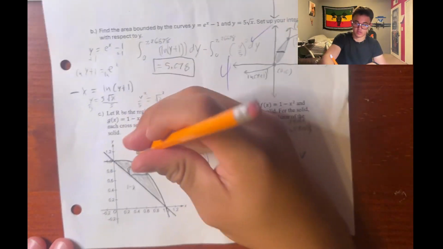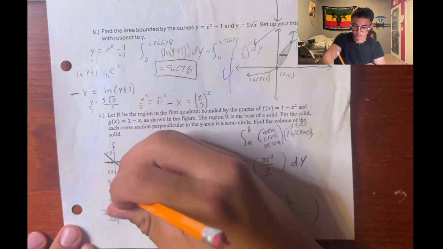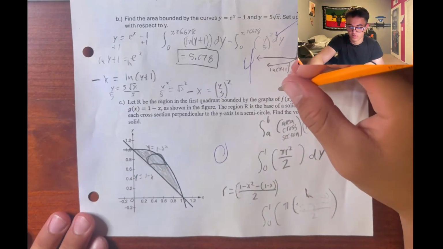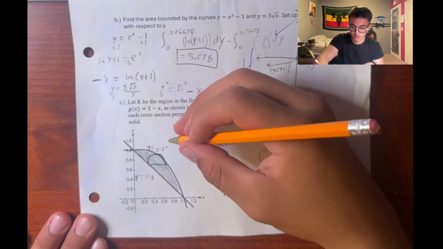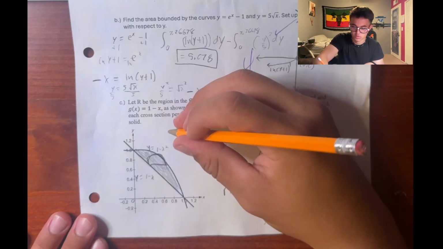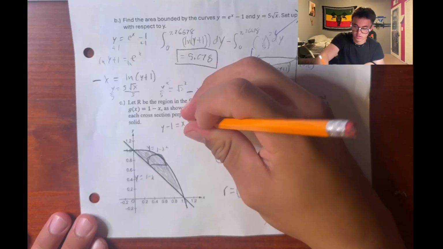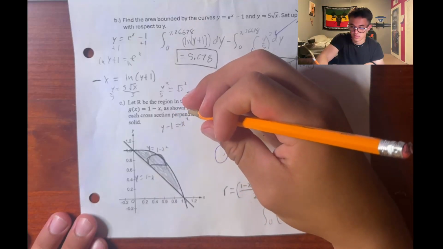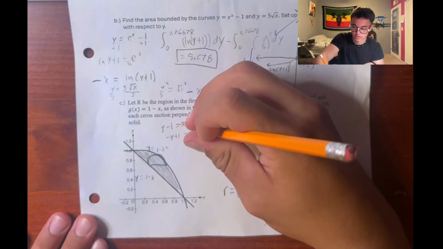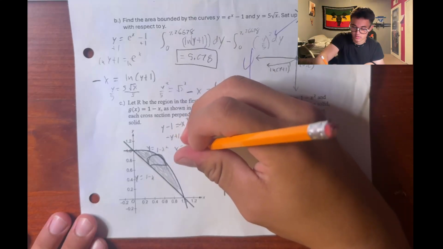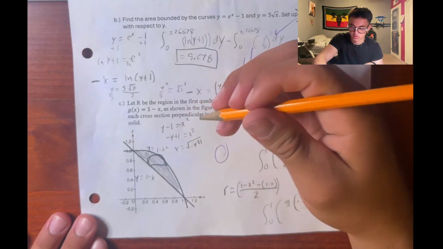Alright, so let's fix that. y is equal to that. y is equal to that. Now, y minus 1 equals negative x squared. Negative y plus 1 is equal to x squared. x is equal to the square root of negative y plus 1.